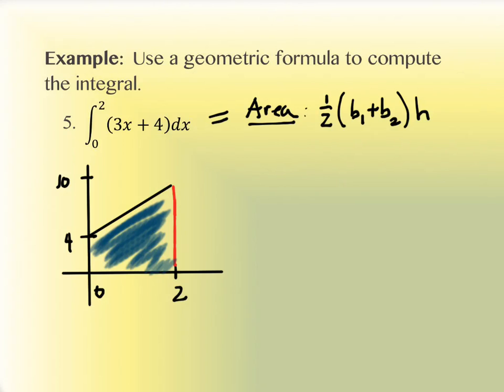This over here we'll call base 1, and this over here we'll call base 2. So what is the length of base 1? And what is the length of base 2? 4 and 10. And then the height is this distance down here, which is actually 2. So you can plug them in. This would be 1/2 times 4 plus 10 times 2, which would give me an area of 14.